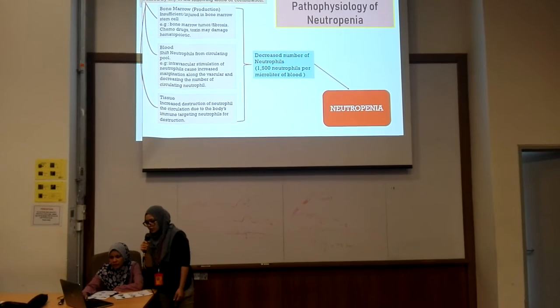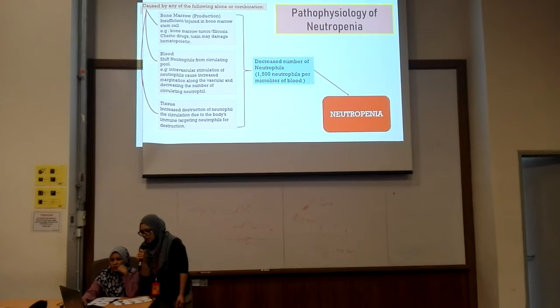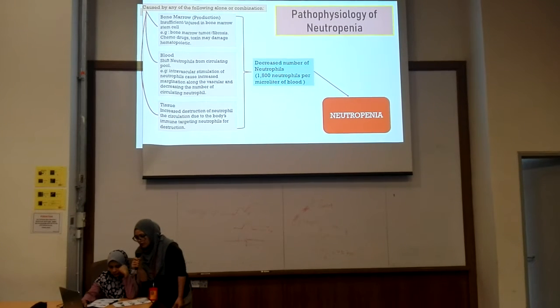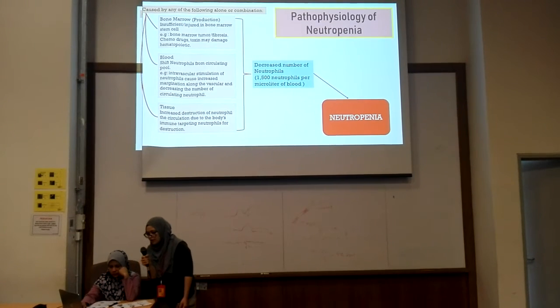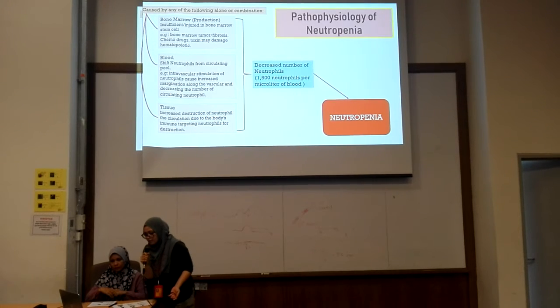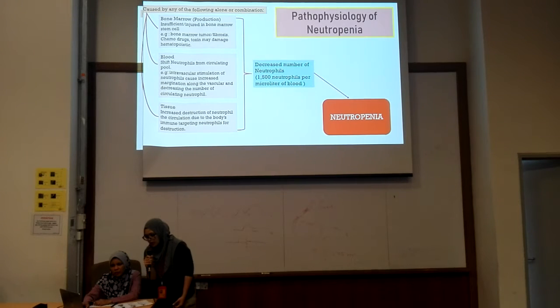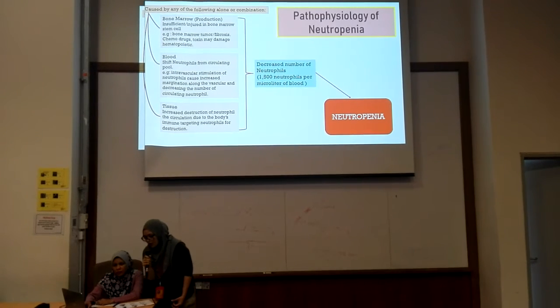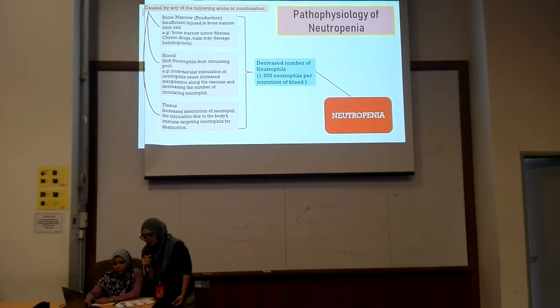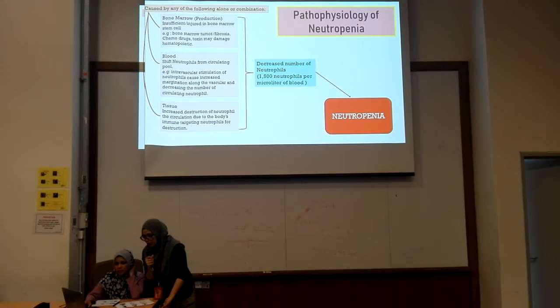This is pathophysiology of neutropenia. It can cause any of the following, alone or in combination. Sama ada gangguan di bone marrow waktu production, sama ada insufficient or injured bone marrow stem cell, contohnya bone marrow tumor, fibrosis, drug induced chemo drug, toxin, which can damage hematopoietic, ataupun dia boleh berlaku di dalam blood, which is shift neutrophil from circulating pool.